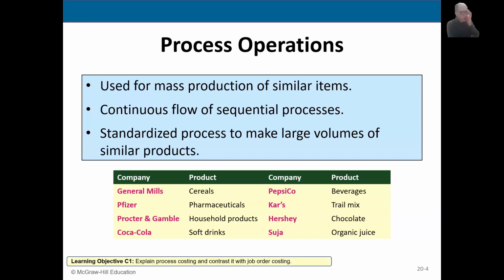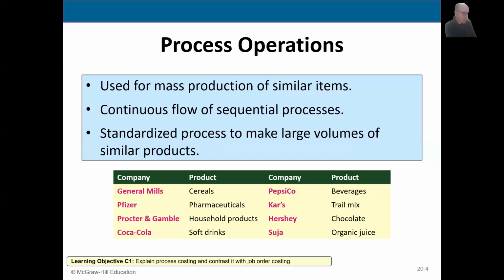Process costing, as I mentioned last week, is a process where we identify costs on a continuous basis, regardless of the customer's order. Process costing is used in companies that focus on manufacturing the same or similar products at a very high volume.